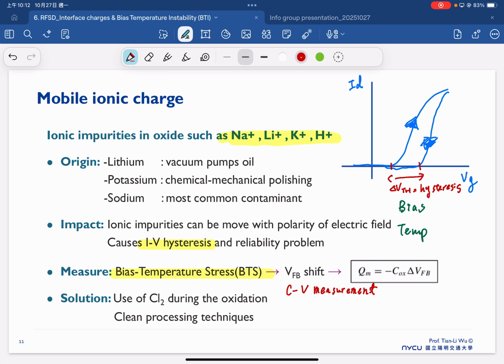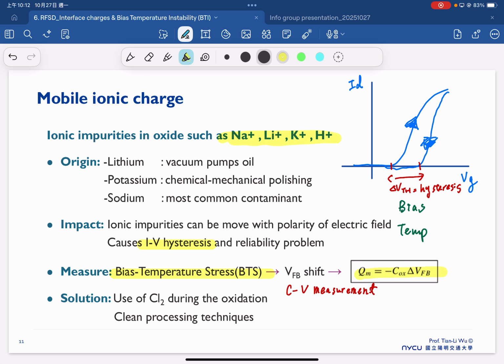And then once we have this flat band voltage shift, we can start to estimate the mobile ion charge, which can be expressed by the oxide capacitance times our delta VFB here.